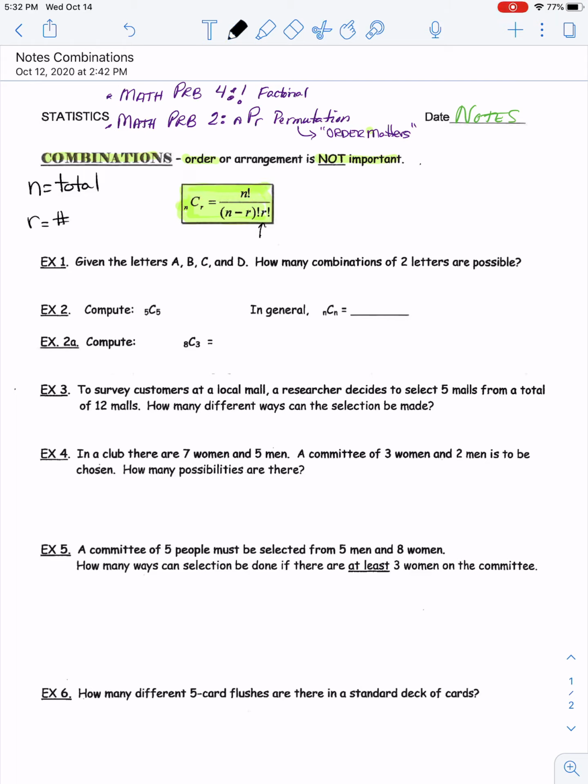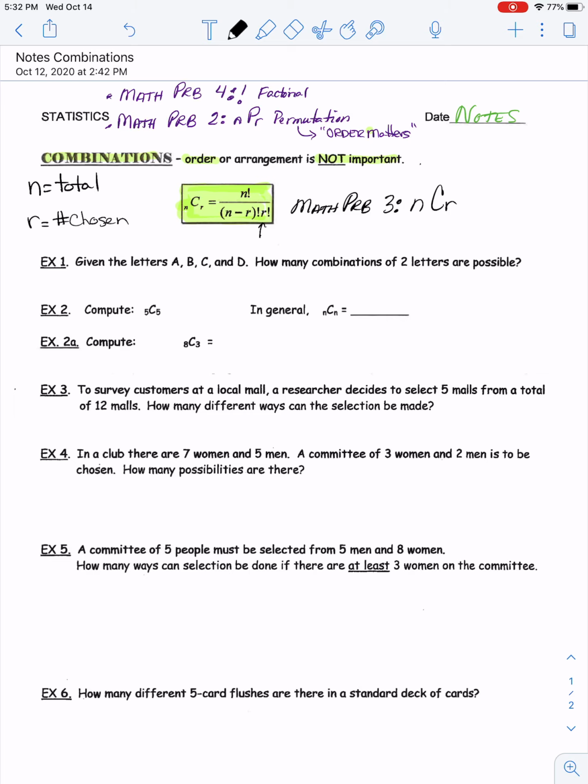When we calculate, you are certainly welcome to use the formula, but I'm going to encourage you to use your math prob. And if you're in there, you'll see choice number 3 happens to be your nCr.